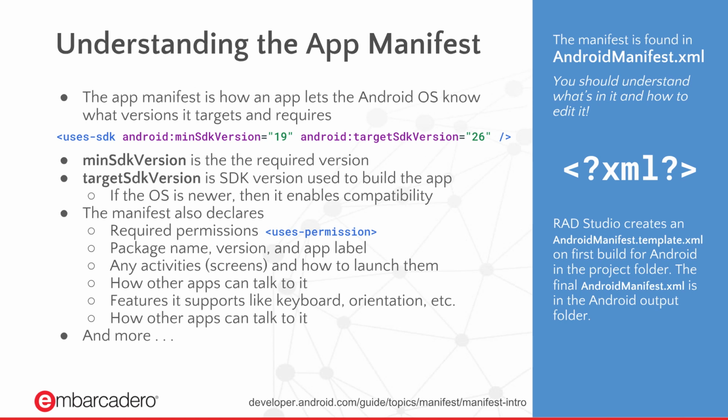Now, the IDE manages a lot of this for you. The first time you build it for Android, it's going to create an AndroidManifest.template.xml file. Then you can modify that, and it will build that into the actual AndroidManifest.xml, which is in the Android output folder, and bundle it into the application. It runs through all the tools to compile down.